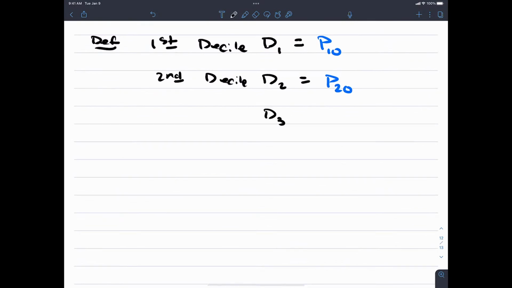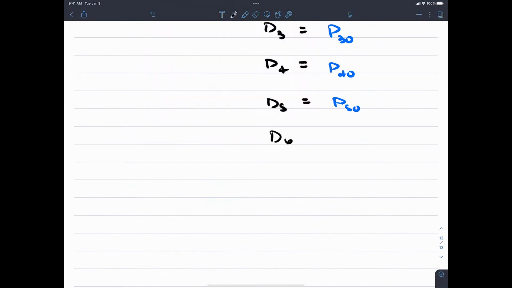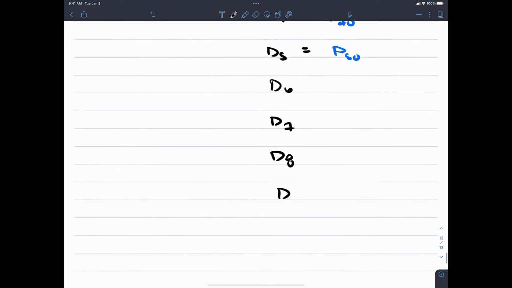And in fact, you could go all the way down. You got D3, D4, D5. How many pennies are in each? P30, P40, P50. Go down to D6, D7, D8, D9.